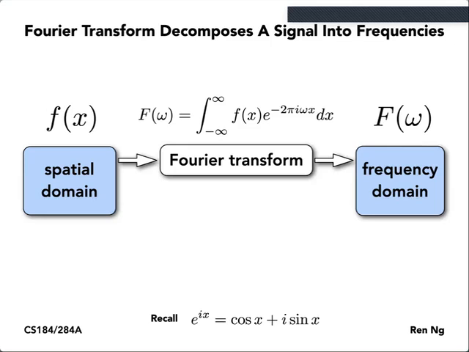The Fourier transform exists to give us capital F of omega, which is the Fourier transform of f of x in something that we call the frequency domain or the Fourier domain. Capital F of omega we sometimes call the frequency spectrum. So it has a lot of different names. All it is is taking the original input function and transforming it into the frequency domain to look at its frequencies.